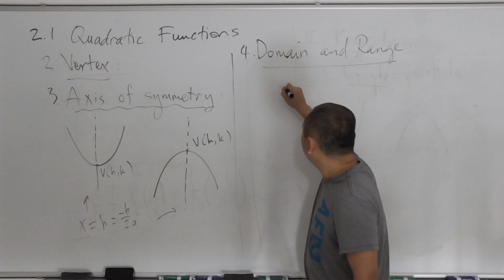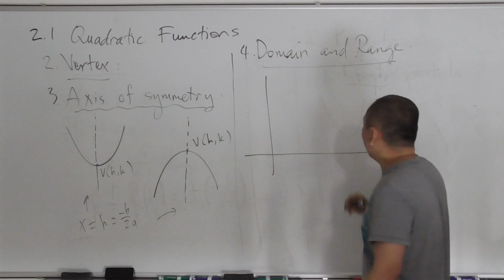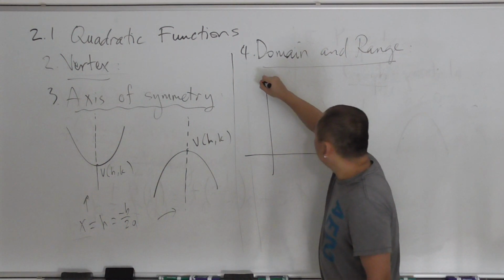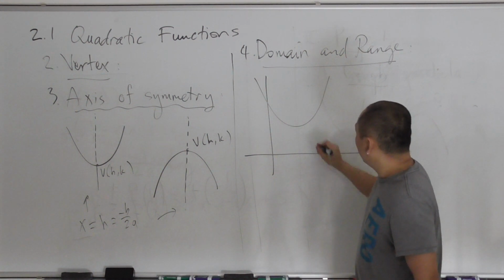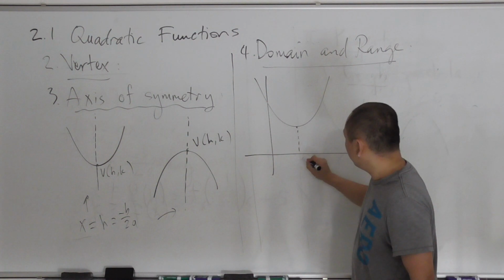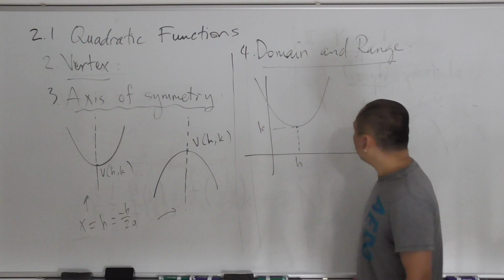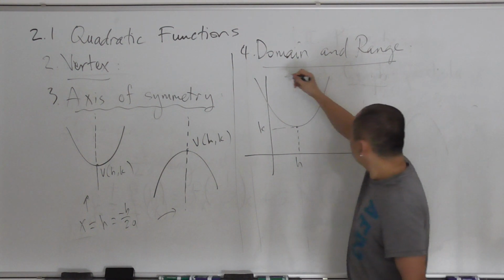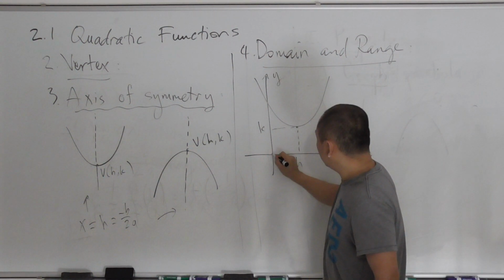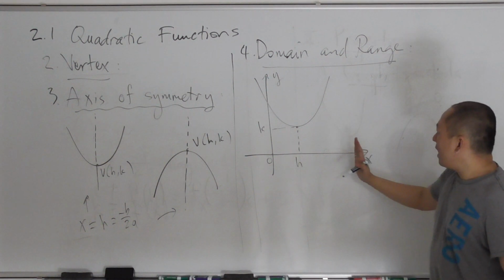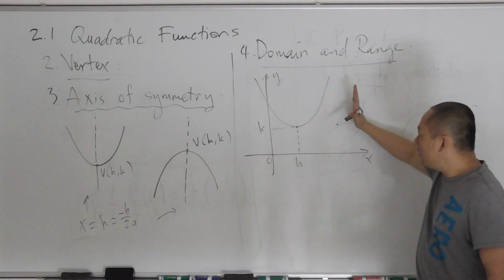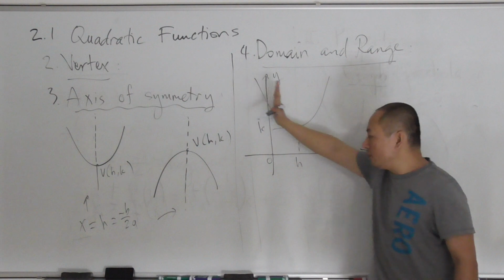Basically, we have two types of parabolas. Start with the upward one first. Parabola right here. We know this is a vertex, so it's going to be h here, k there. This is the x-axis, y-axis. Origin is right here. For the x value, we're tracing along the graph. It can move freely all the way from the left to the right.